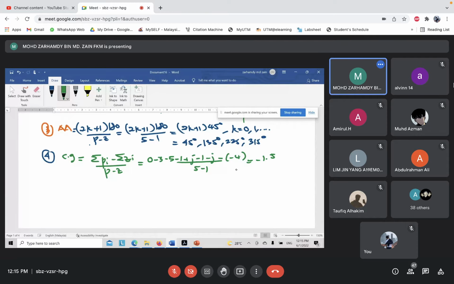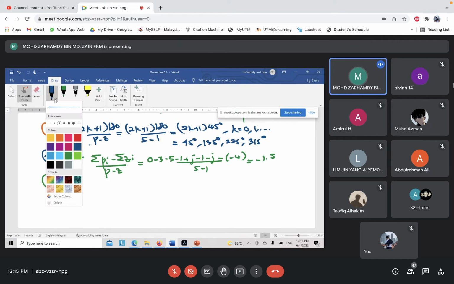But in some cases, if in test 1 or in test 2 your number of poles and zeros is too many, the lecturer will give the value of the break point. But if they do not give, you need to find it by yourself.